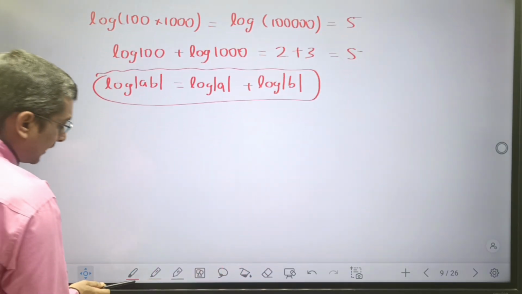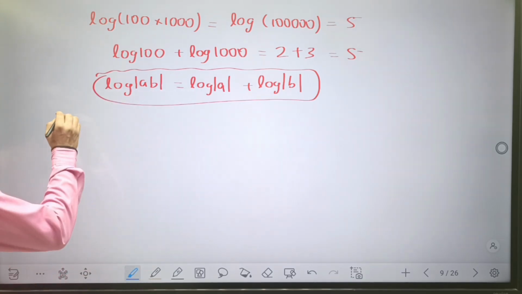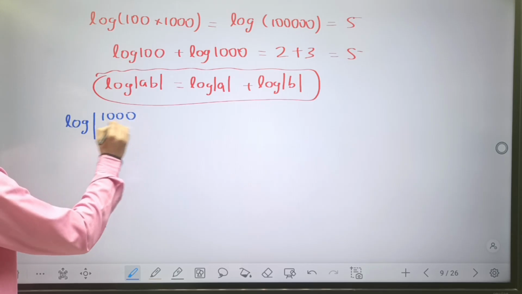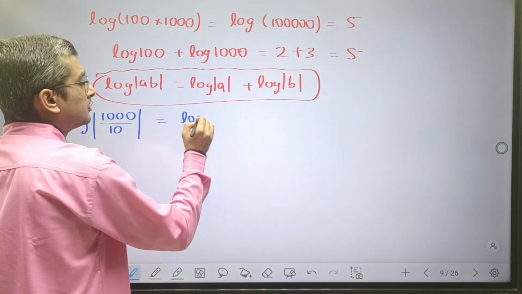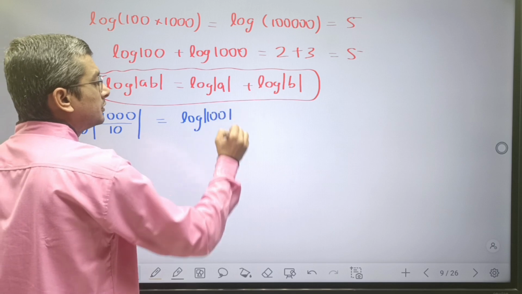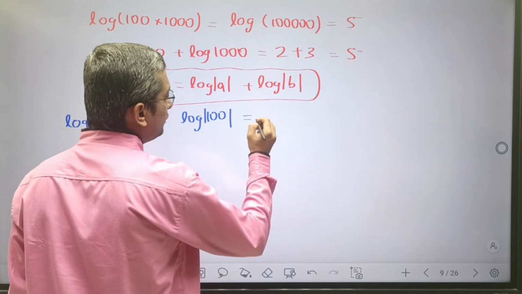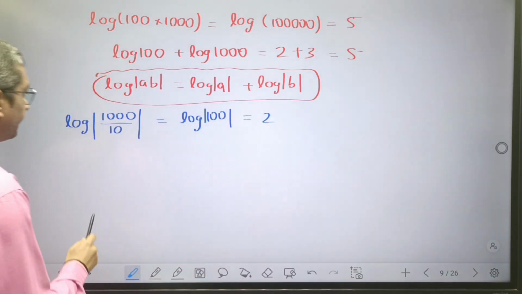Okay. Now the second identity goes like this. If I write log of 1000 divided by 10, this will be log 100, isn't it? This 10 gets cancelled and finally we get 2 because 10 raised to 2 is 100.